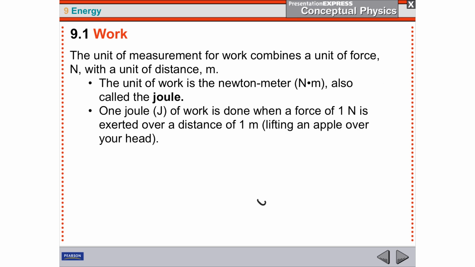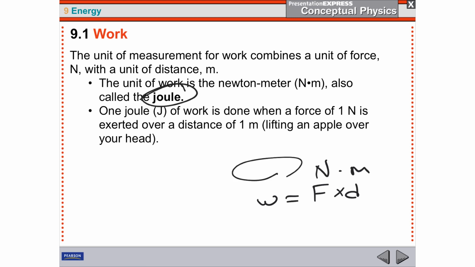So if you remember that work is going to be the product of force times distance, what are the units of force and distance? Force is a Newton, and a distance is a meter. So a Newton times a meter is the units of work, and we're going to name them the joule. The joule, which is a capital J, is going to be equal to a Newton times a meter.